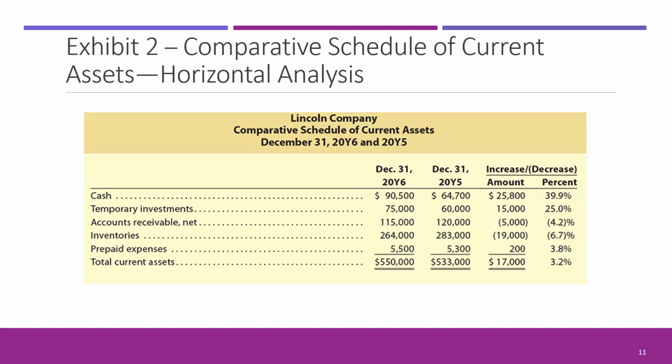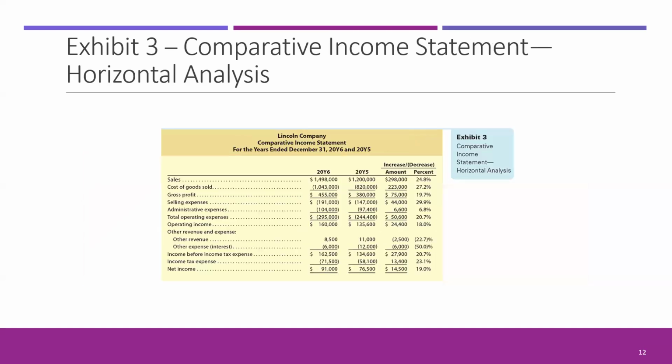So to calculate the 25% increase in temporary investments, we take 2026 minus 2025, and we get $15,000. And then we take 15,000 divided by 60,000, and we get the 25% increase. So that's how the calculation is done here. And sorry for the size of this.